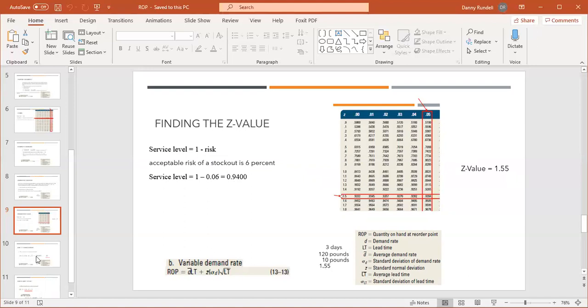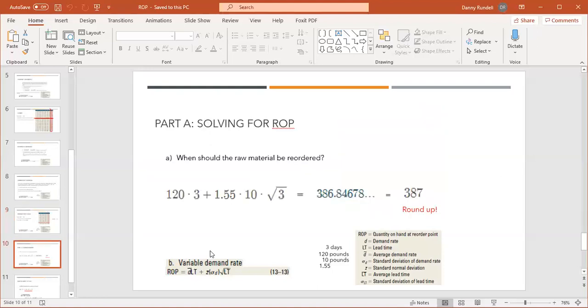Okay, so now we can set up the equation and solve. So we plug in all our appropriate numbers. Here's that Z value. Here's the average demand, the lead time, the Z value, the standard deviation of demand, and then the lead time squared. And you end up with this value, which is a discrete number again, because it's units of raw material in this question.